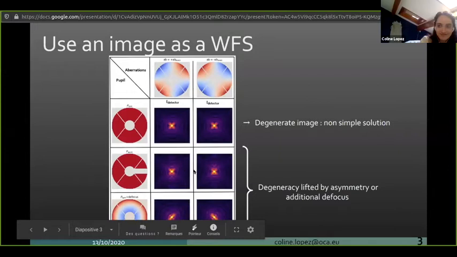So here there is an example of reconstruction that we get with these methods. The first column here corresponds to the input aberration. On the top, this is an astigmatism, and on the bottom, this is for a different number of modes that we have used for constructing our basis.